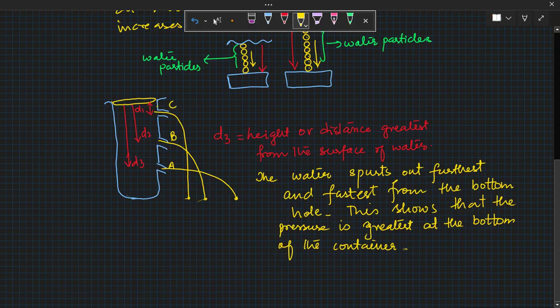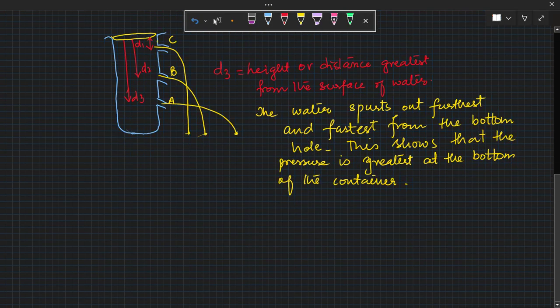Will the pressure be the same if I cover the same height? No. So that means density, how density affects the pressure, right? So we're going to talk about density, that pressure in a liquid increases with depth and increases with the density. Clear? So there are two factors. By increasing those two factors, pressure in a liquid increases: if you increase the depth, and if you increase the density.